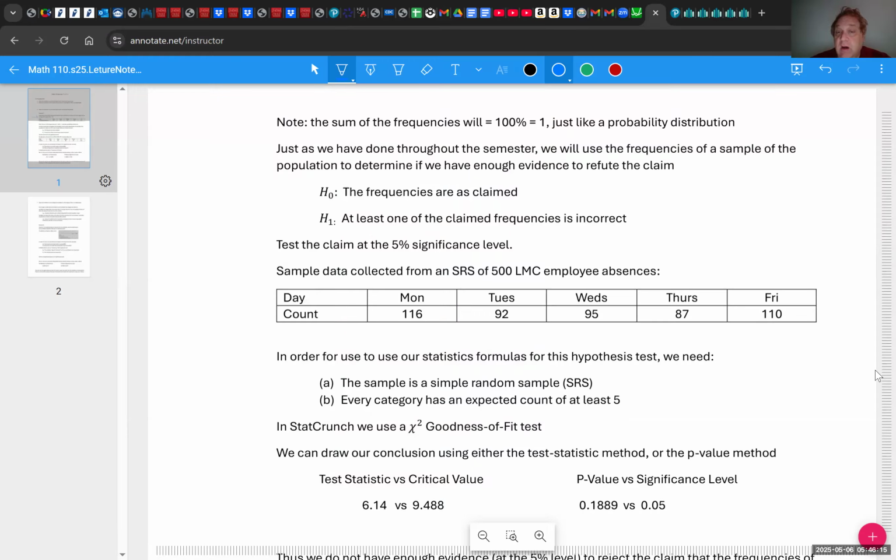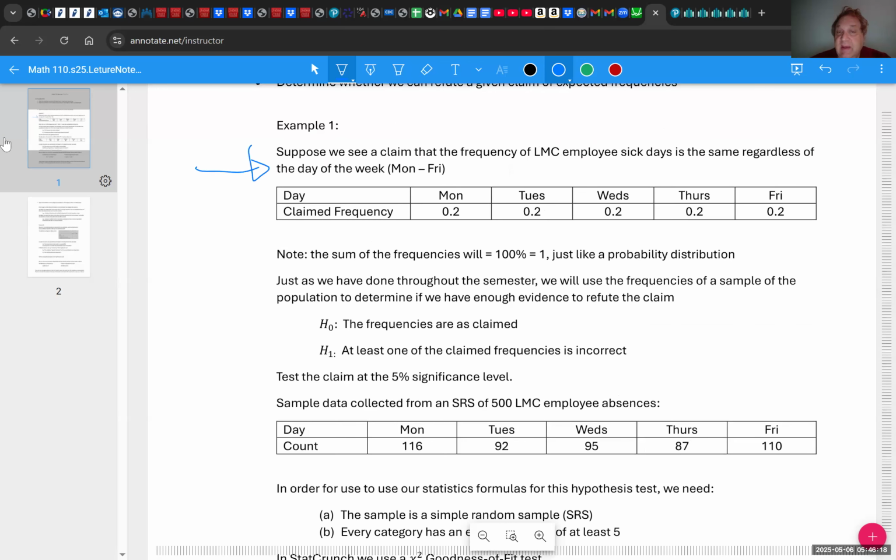So what's the difference there? Well, we are expecting, according to the null hypothesis, that 20% occur on Monday and 20% occur on every single other day. So if this null hypothesis were correct, then we expect 20% of the absences to be on a Monday. There are 500 data items. So you take the 500 data items, you multiply by the 20%, and 20% of 500 is 100.